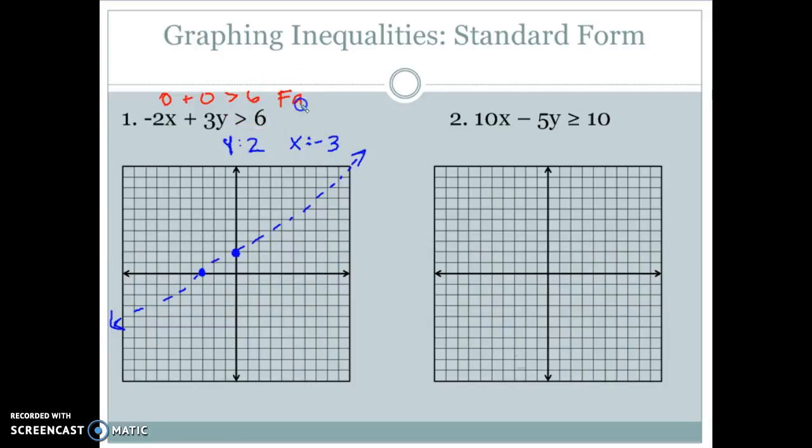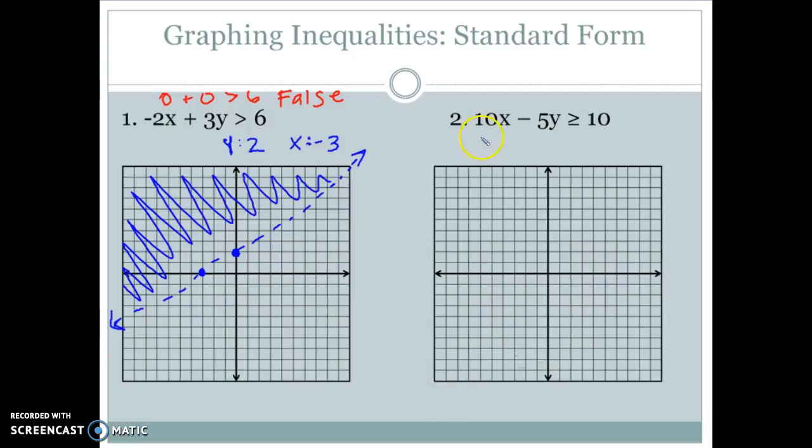So if I plug in 0, 0, I get a false statement. 0, 0 is right here on my graph. That is not a solution because it does not fit my inequality. So because that's not a solution, I'm going to shade on the other side of the line.